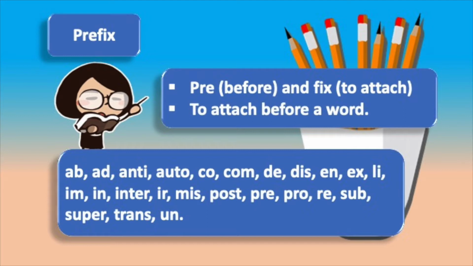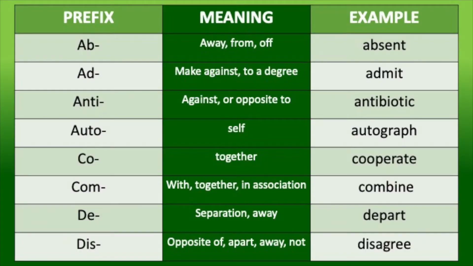Some examples of prefixes are here, as you can see: ab, at, anti, and so on. These prefixes have meanings, and understanding their meanings can help you in figuring out the meaning of the new word formed with a prefix. I have here the prefixes, their meanings, and examples.